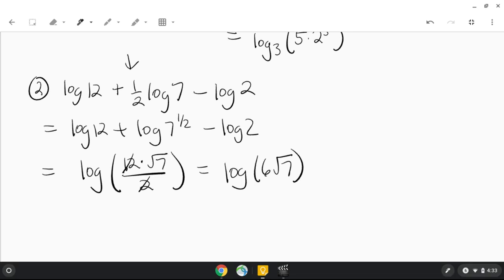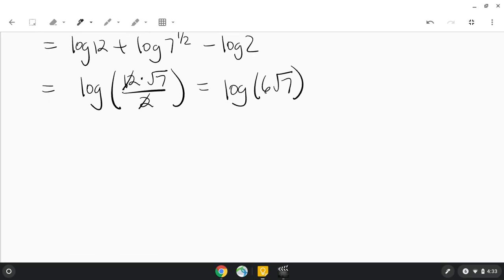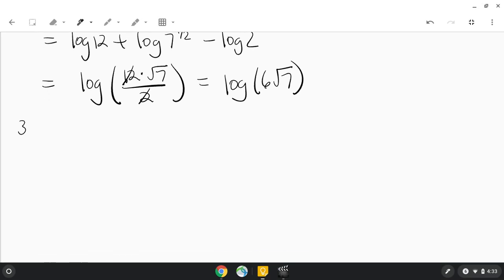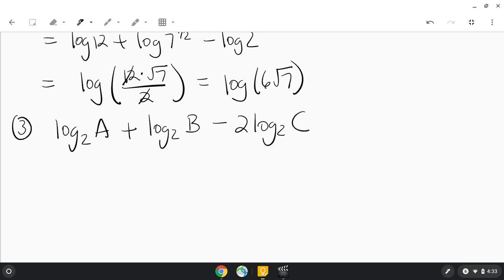All right, let's try another one. Suppose that I have this log base 2 of A plus log base 2 of B minus 2 log base 2 of C. Okay, so front numbers. Let's start with front numbers and bring them back up to the exponent position. Nothing in the first one, nothing in the second one.